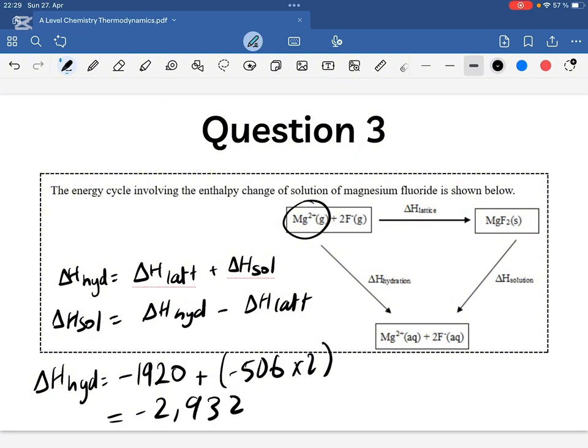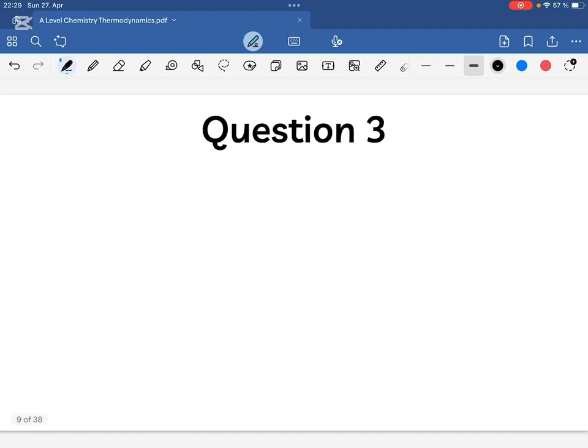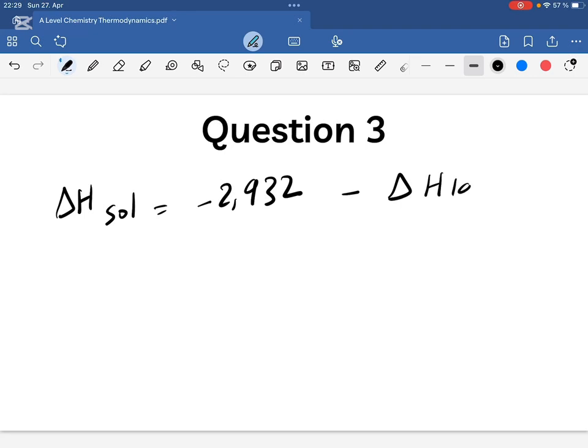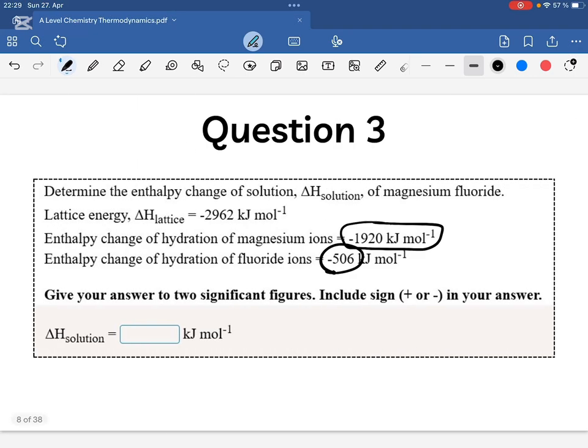Now this value, I'm going to solve it over here. So now we have the delta H solution is going to be equal to minus 2932 minus the delta H lattice energy. And so the lattice energy is minus 2962.